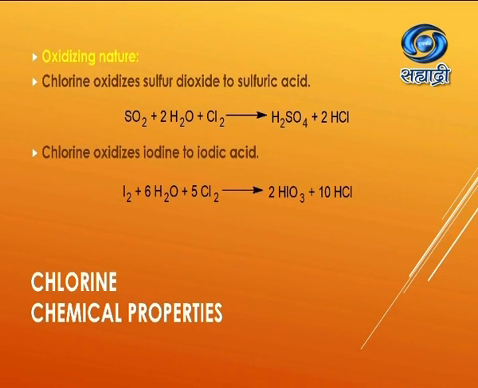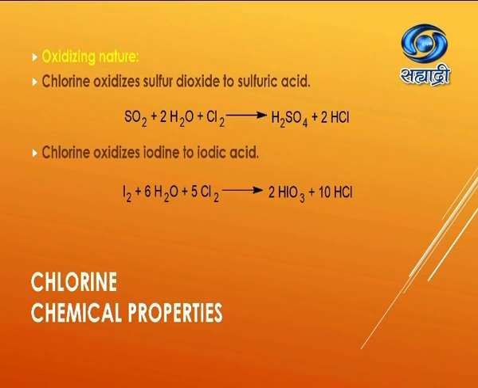Equation is SO2 plus 2H2O plus Cl2 gives H2SO4 plus 2HCl, and chlorine oxidizes iodine to iodic acid. So I2 plus 6H2O plus 5Cl2 gives 2HIO3 plus 10HCl.